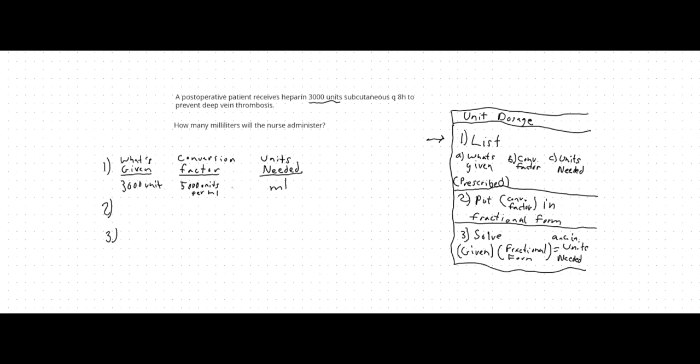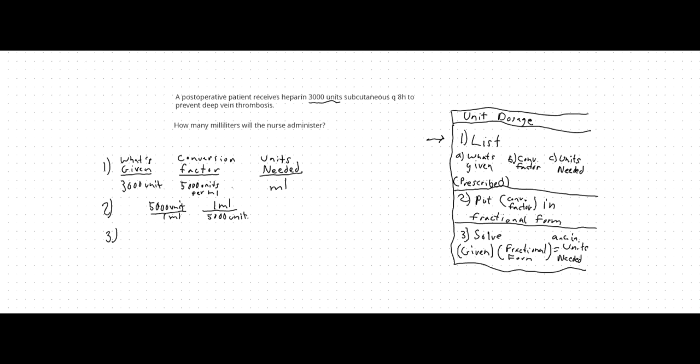We can put 5,000 units on the top and the other thing on the bottom, or we can write it the other way, with 1 milliliter on the top and 5,000 units on the bottom. So which one is the right one for us? We don't have to worry about that, because the question tells us.